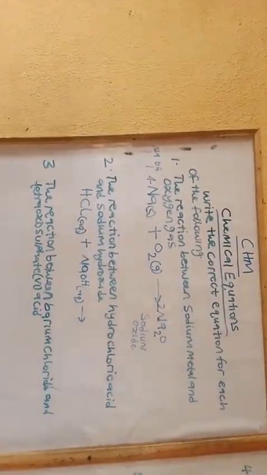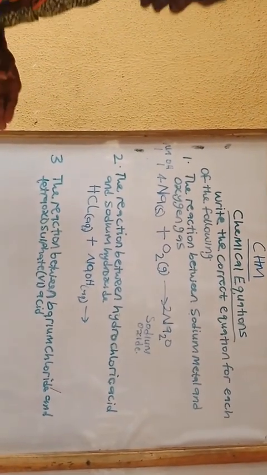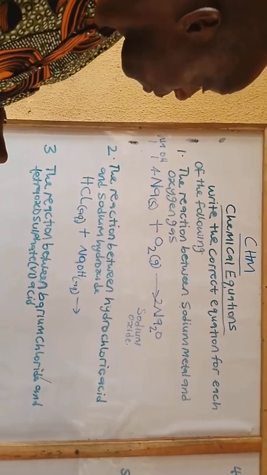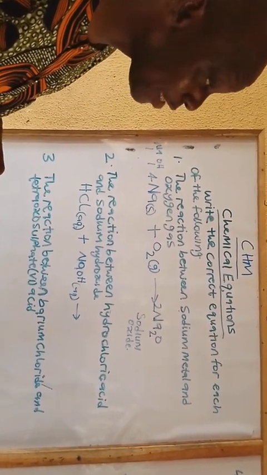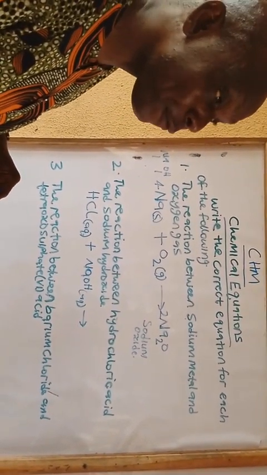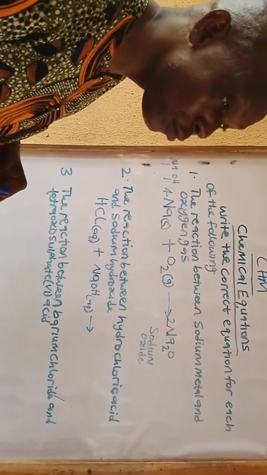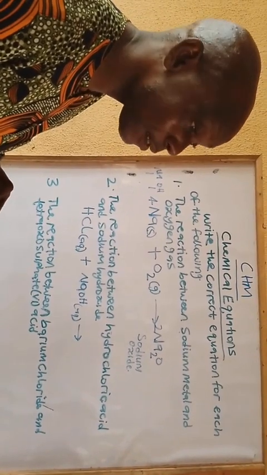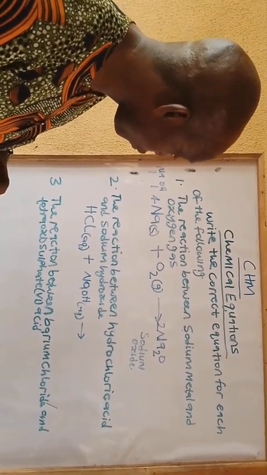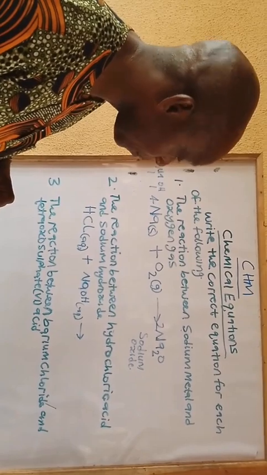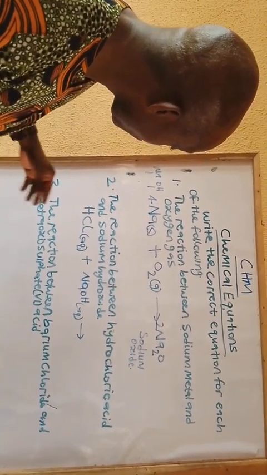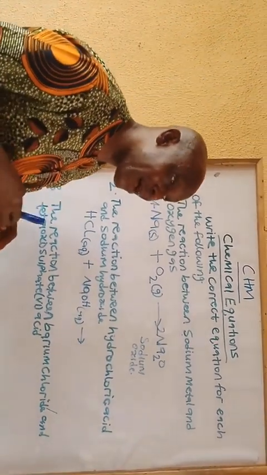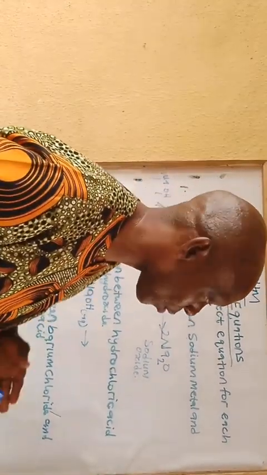This is where the first technical issue comes in: the writing of correct formula. Now, I want to give you a simple law that will guide you to write correct formula at any point in time. A simple law, although we don't have it in most textbooks. It's a research that I've sat down to study many times. When you have this type of reaction, always know that metals will attract non-metals or radicals.